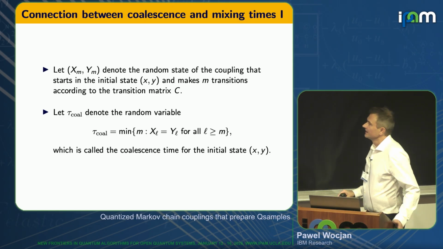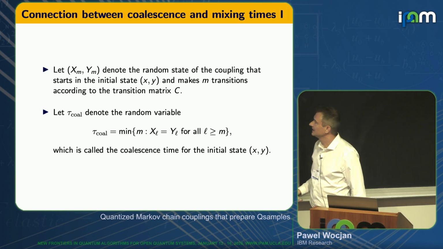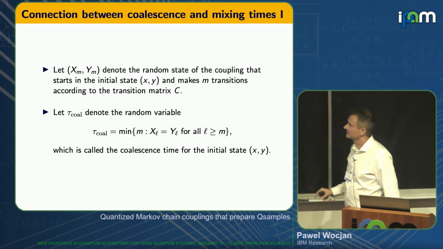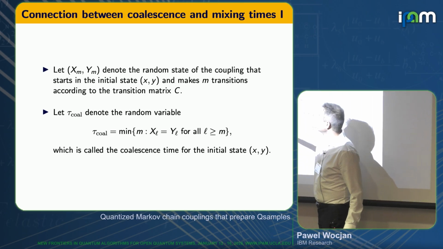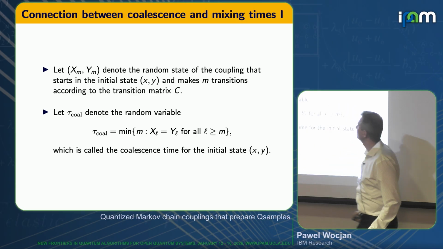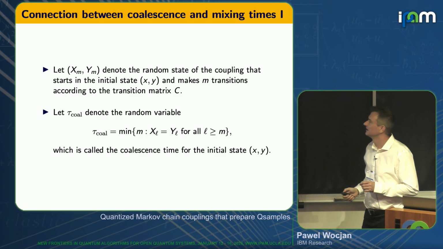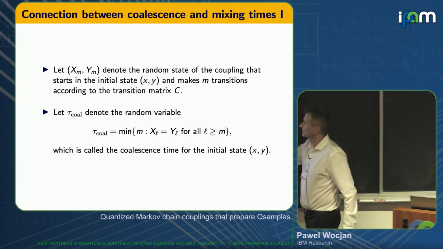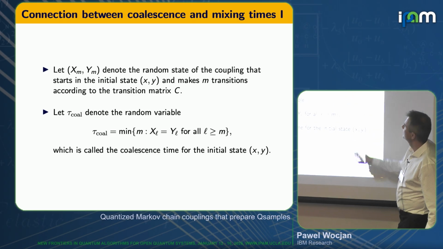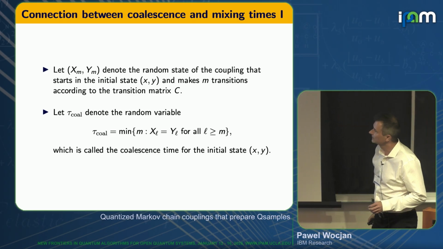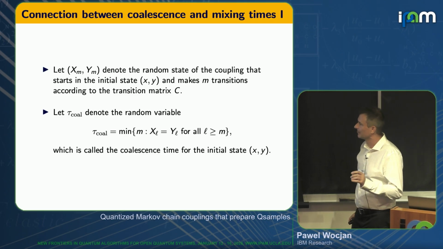Okay, and so what is the connection between coalescence and mixing time? So let X_m and Y_m denote the random state of the coupling, the big Markov chain that starts in this initial state (x, y), after we make m transitions according to the transition matrix C, where C is the transition matrix of the coupling.